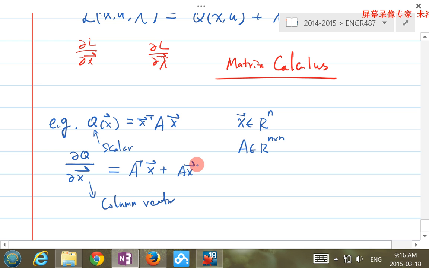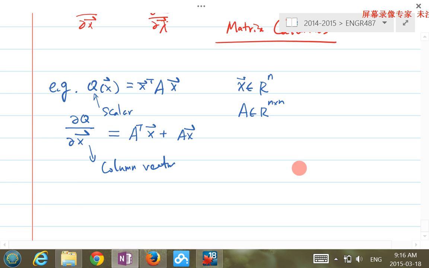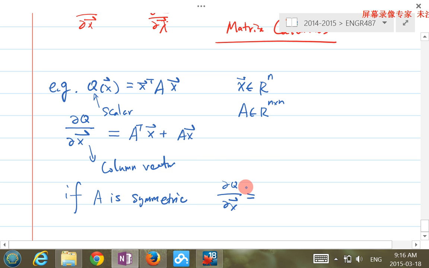Okay, that's matrix. Now, if A is symmetric, then A transpose is the same as A, so the partial Q over partial x is 2Ax.